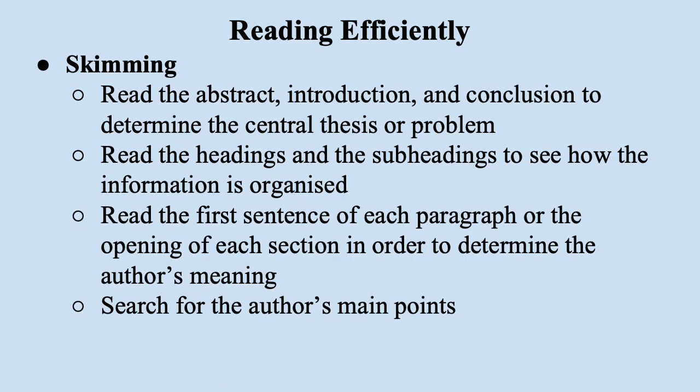The next step is to skim. So skimming through the abstract, the introduction, and the conclusion to determine the central thesis or problem. When you're skimming, you're not reading every word or every sentence, you're reading for the general idea.